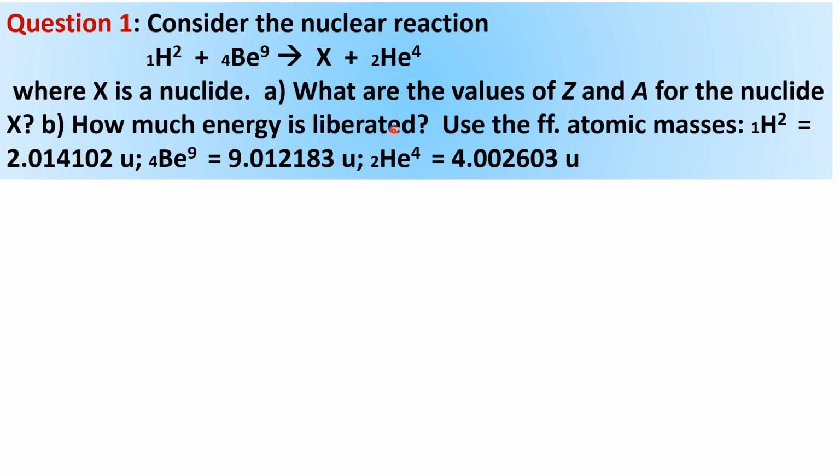Question letter A, what are the values of Z, or the atomic number of the unknown nuclide X, and its mass number capital A? For letter B, how much energy is liberated in this nuclear reaction?